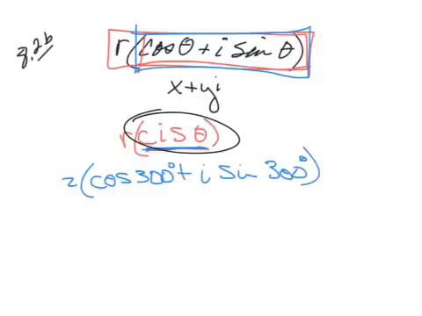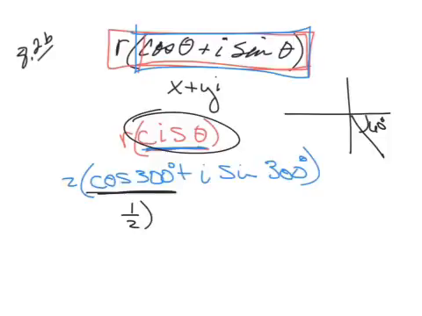Alright, so from chapter 2 you learned that cosine of 300 degrees is fourth quadrant right there. This is a 60-degree angle. So what is the cosine of a 60-degree angle? And the fourth quadrant is 1/2. So that's the cosine of 300 degrees. And then we have the i. And what is the sine of 300 degrees?